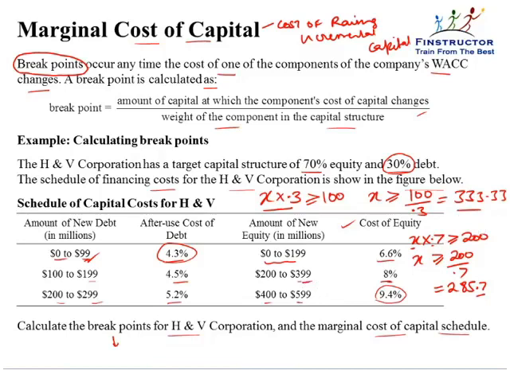For each level we can calculate. So a breakpoint will come at every amount at which the component's cost of capital changes, divided by the weight of that component in the capital structure. So another breakpoint will come when debt exceeds 200, that is total capital exceeds 200 by 0.3, or 400 by 0.7 for equity.